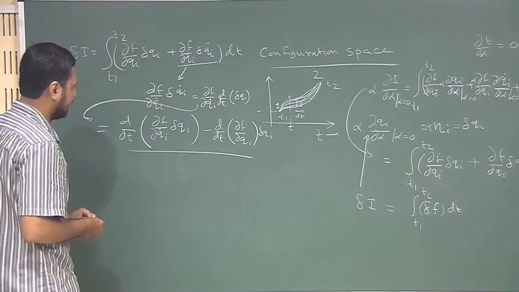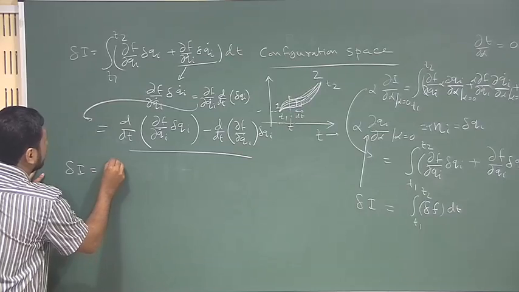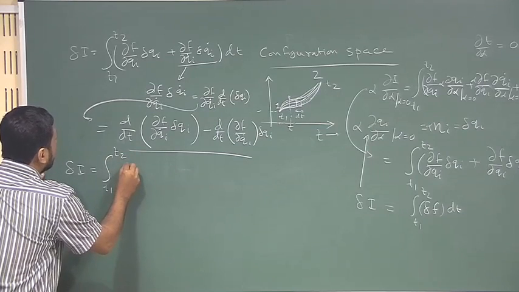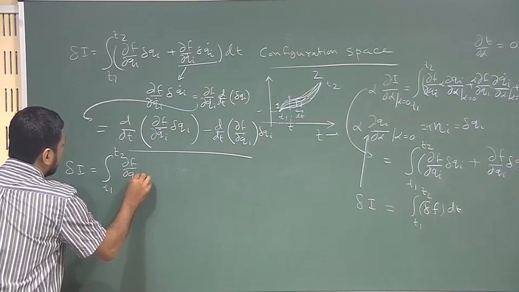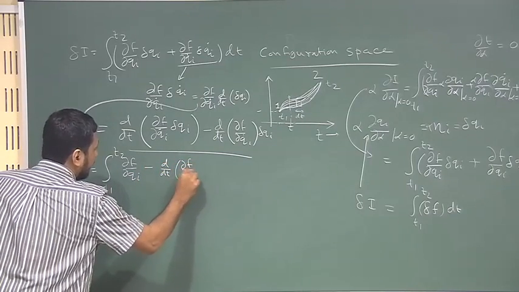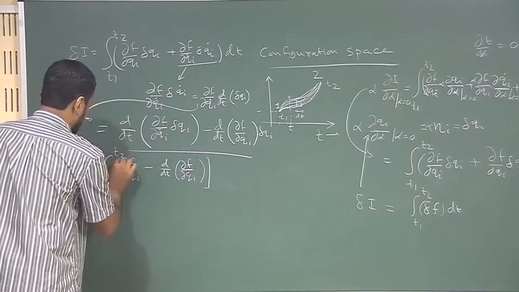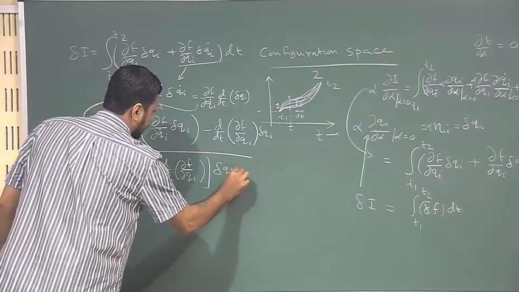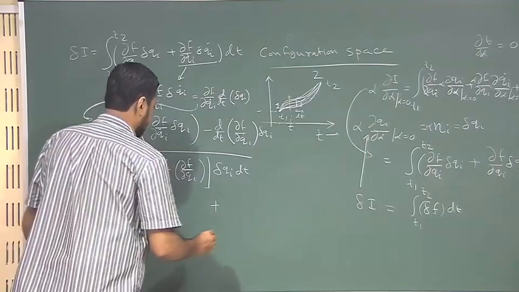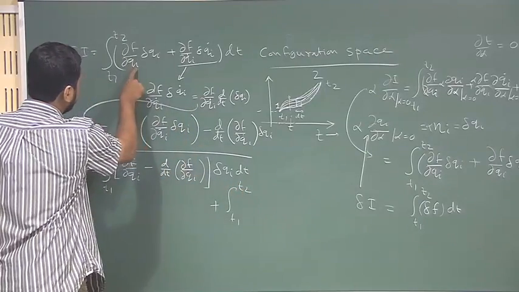And in place of this one, if I substitute this into this integration, what I get is delta I is equal to integration t1 to t2 of del f del q y minus d dt of del f del q y dot, whole times delta q y dt, plus there is an additional term, t1 to t2 of, basically I took this term and this term.